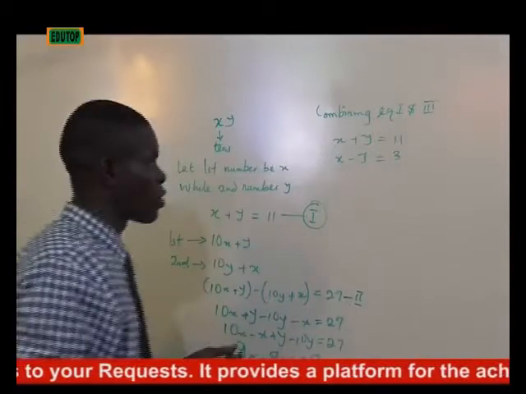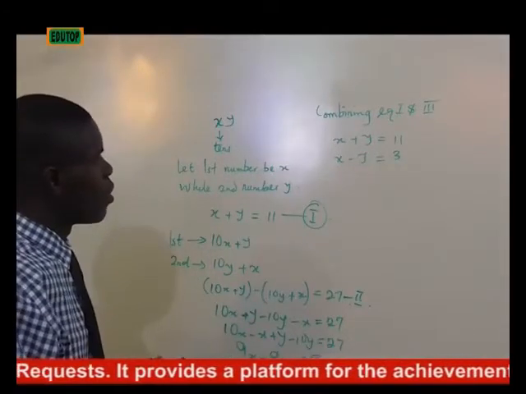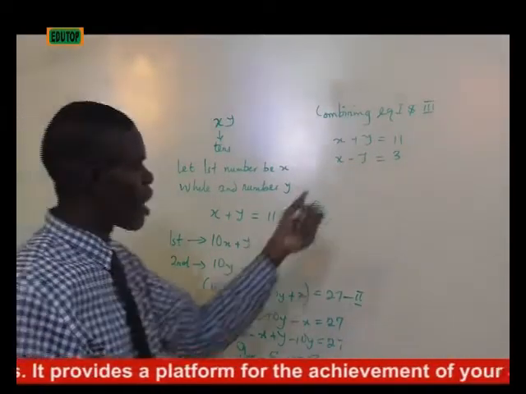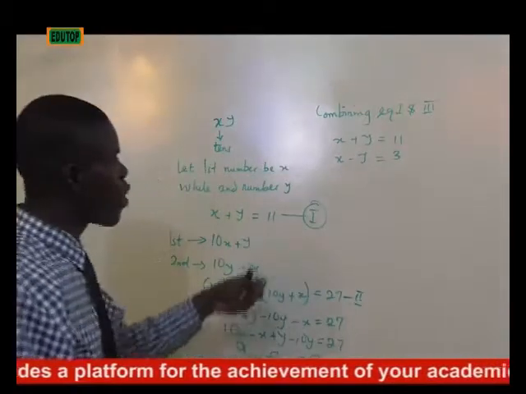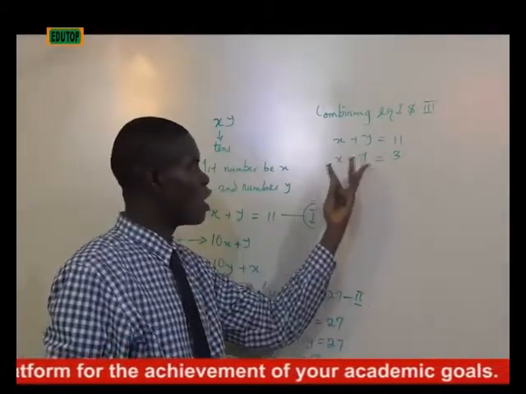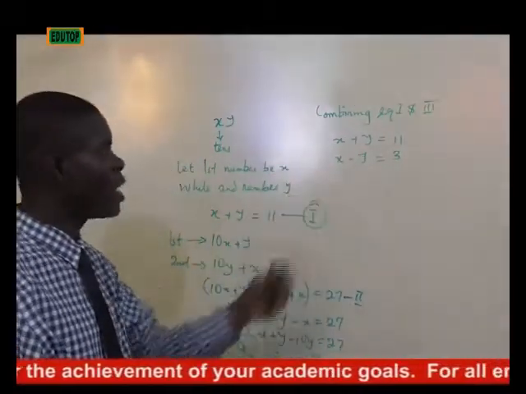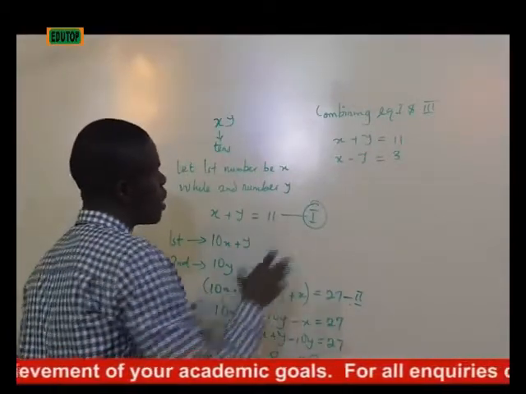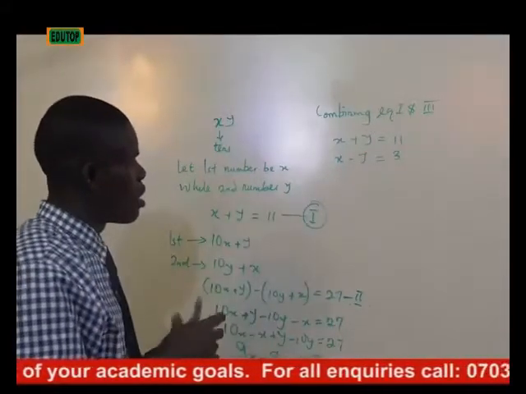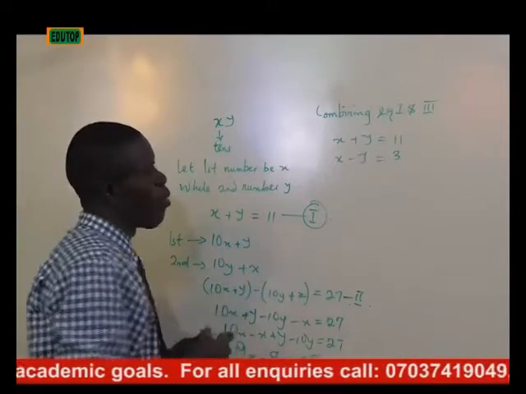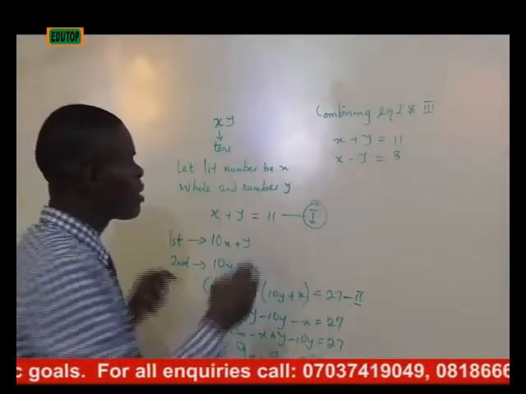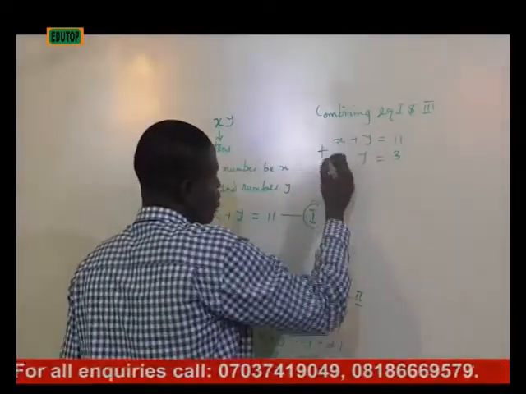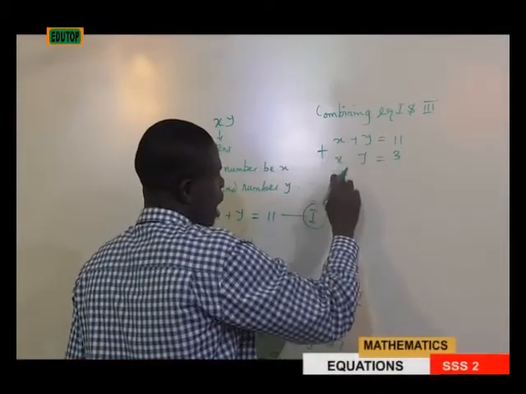These are the two equations, and this is a simultaneous equation where you have two equations happening at the same time. In this situation, let's eliminate y first. By eliminating y, that means we are adding equation 1 and equation 3.